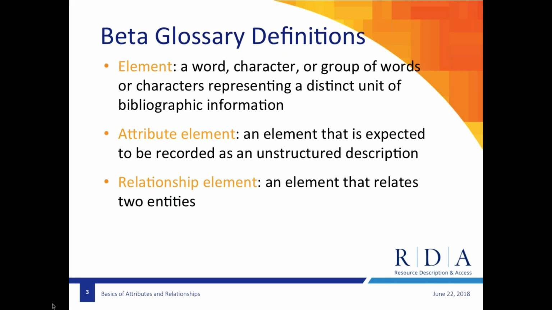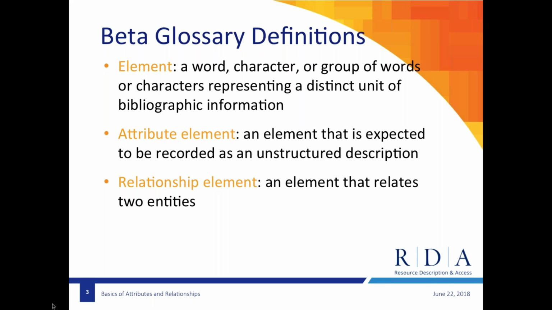So element: a word, character, or a group of words or characters representing a distinct unit of bibliographic information. Then we have a definition for a specific type of element, an attribute element: an element that is expected to be recorded as an unstructured description.